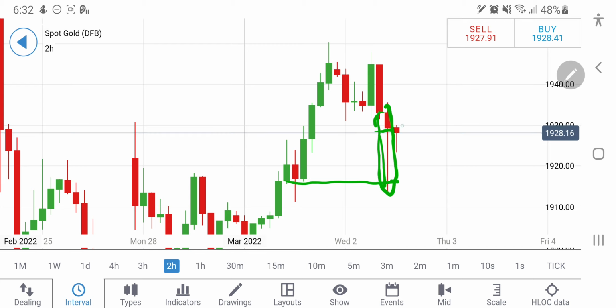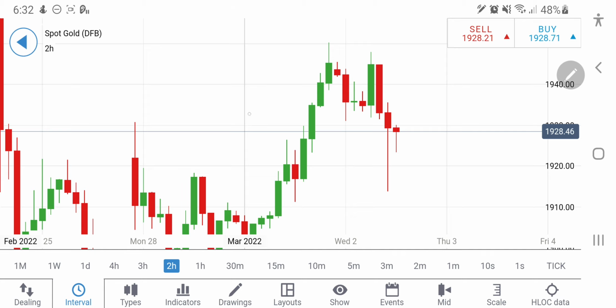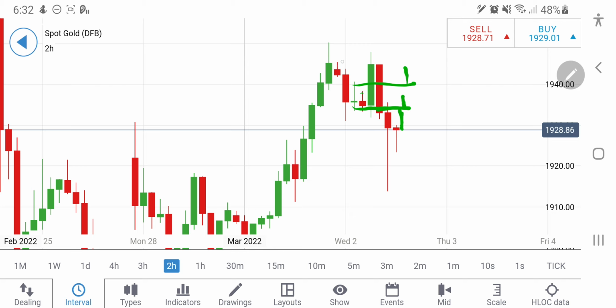Now if it breaks beyond 1931, probably there you can go long, and the next target will be around 1935 levels. So here it can achieve 1935, and breaking beyond 1935, you can definitely expect it to head towards 1940 and 1945 levels and 1947 levels, and beyond that definitely it will fly.